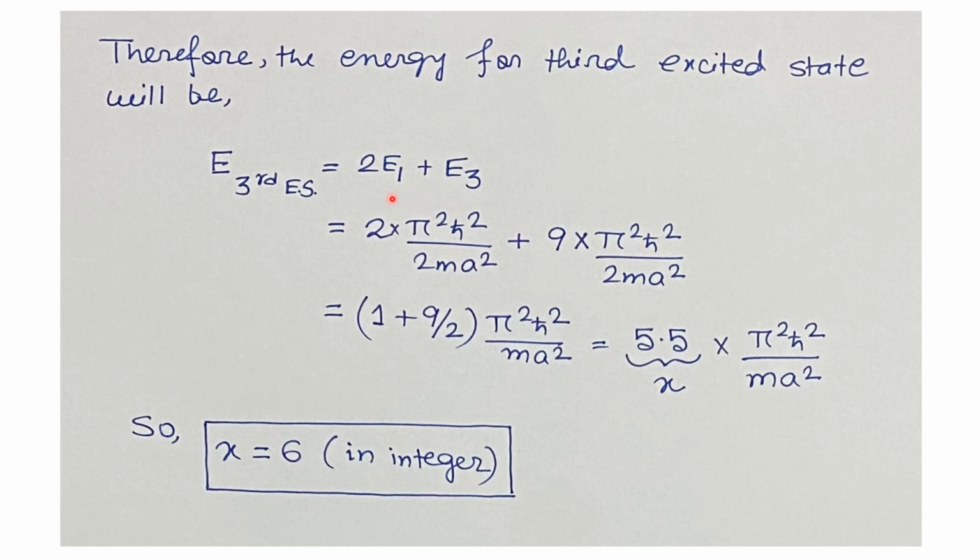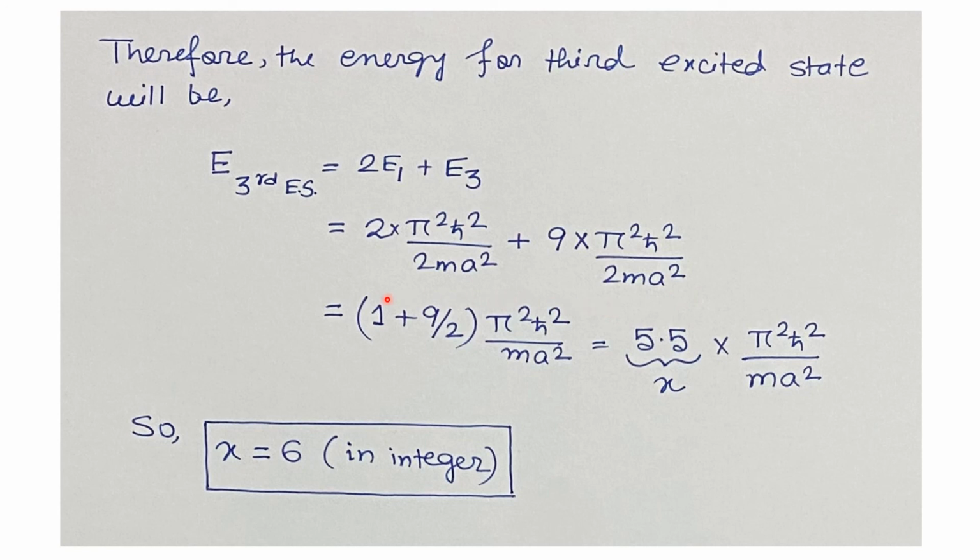Putting in the values of E1 and E3, it will be 2 multiplied by π² ħ² by 2 m a² plus, for E3, 3² π² ħ² by 2 m a². That is 9 multiplied with π² ħ² by 2 m a².